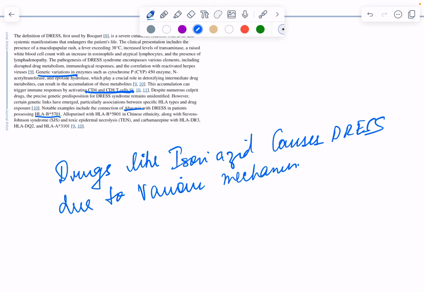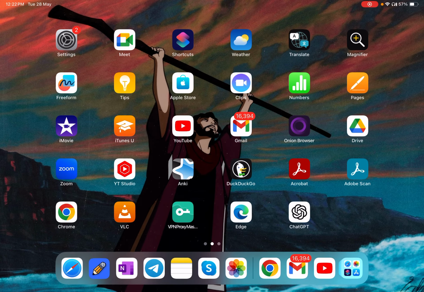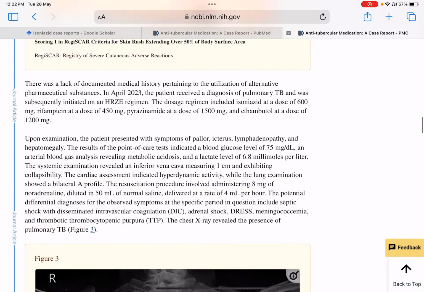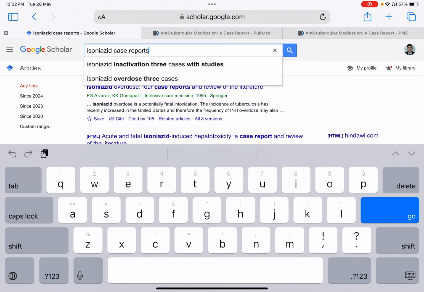See, abacavir with HLA-B57:01, allopurinol B58:01 in Chinese ethnicity, which is linked to many other medications. So I have to go and see isoniazid. Is it linked to any HLA? Isoniazid causing drugs. Is it linked to any HLA? So go back to Google Scholar.